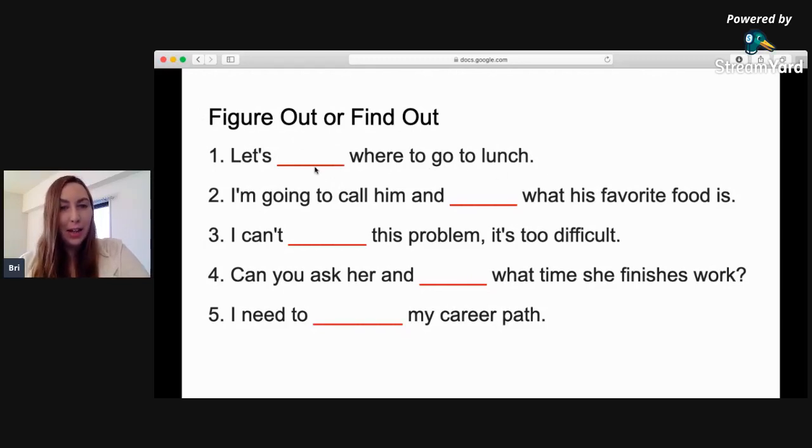Let's figure out where to go to lunch, or let's find out where to go to lunch. You could use both of these. Either could be correct, but think of the best answer. Which one would be normal? If you're just talking with your friends, hey, let's go to lunch. Okay, where's good? All right.